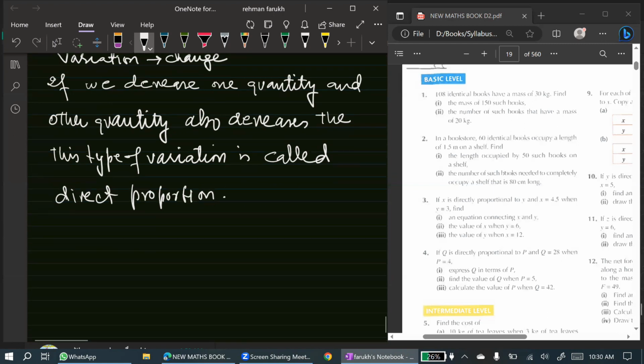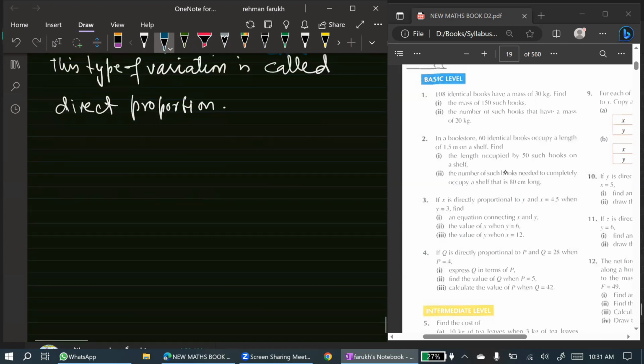And if one quantity increases and the other also increases, then this type of variation is also known as direct proportion.